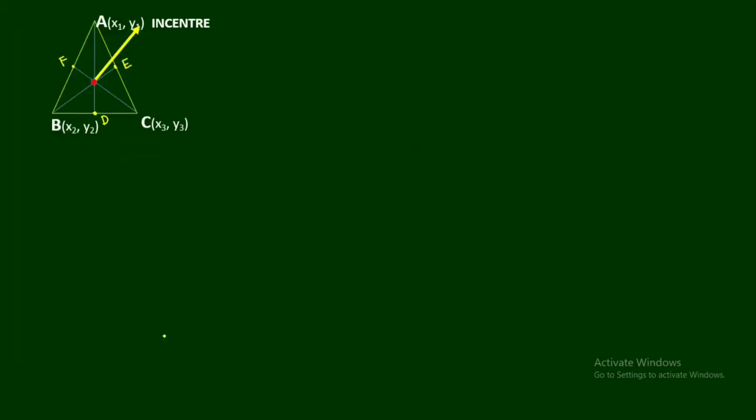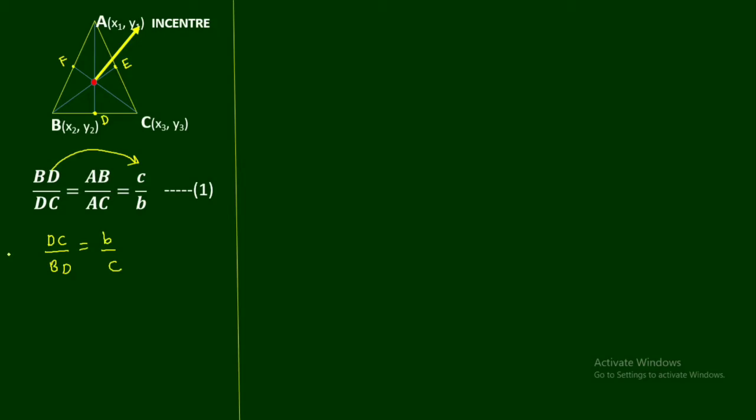Now from equation 1, we have BD by DC is equal to AB by AC is equal to c by b. Now I am taking the reciprocal, DC by BD is equal to b by c.